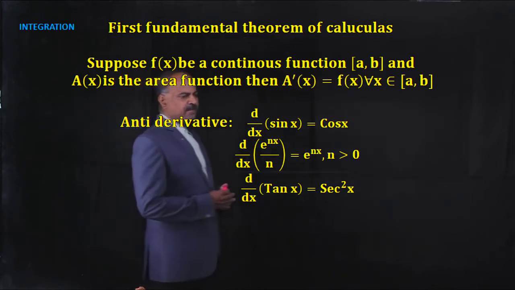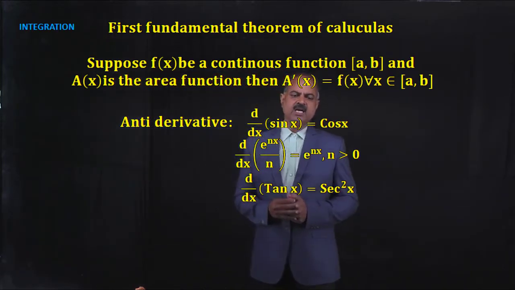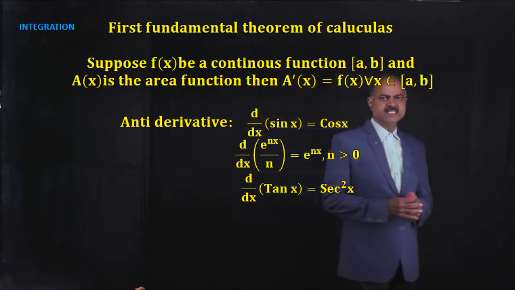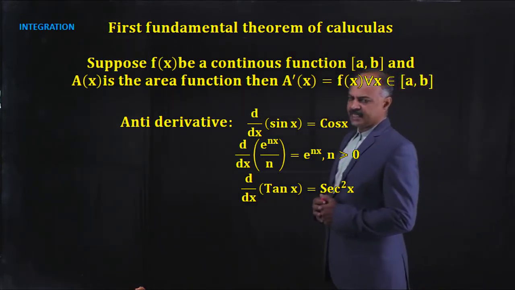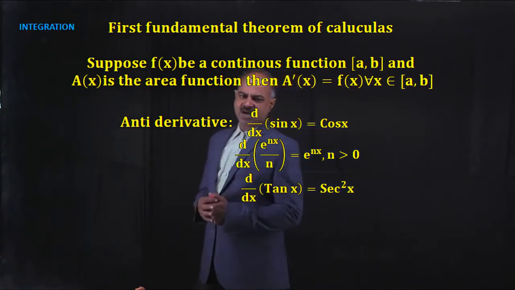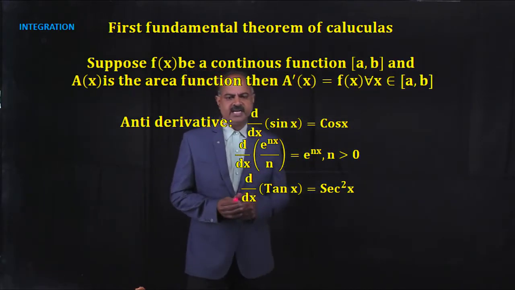Antiderivative. d by dx of sin x equal to cos x, d by dx of e power nx by n equal to e power nx, n greater than 0, and d by dx of tan x equal to secant square x.